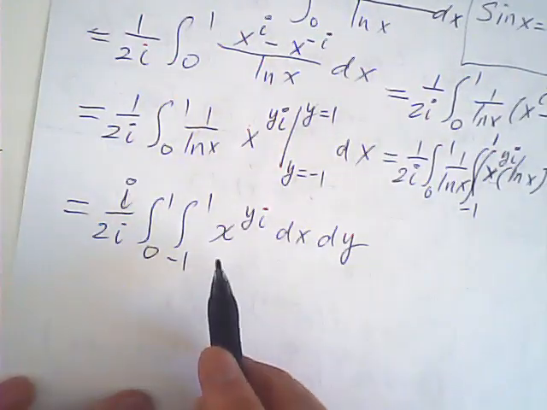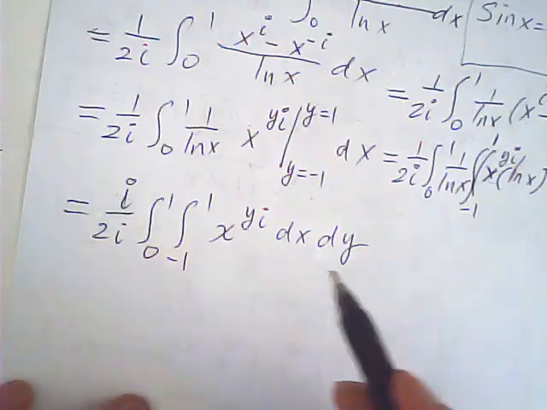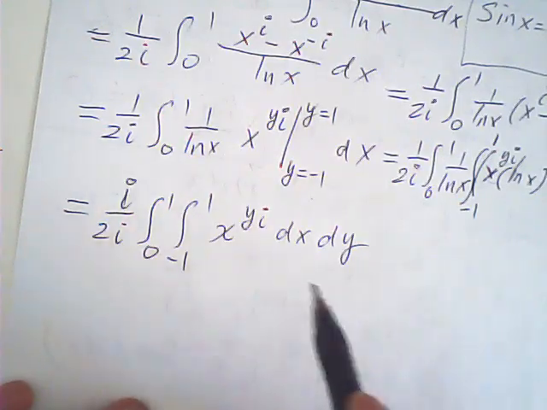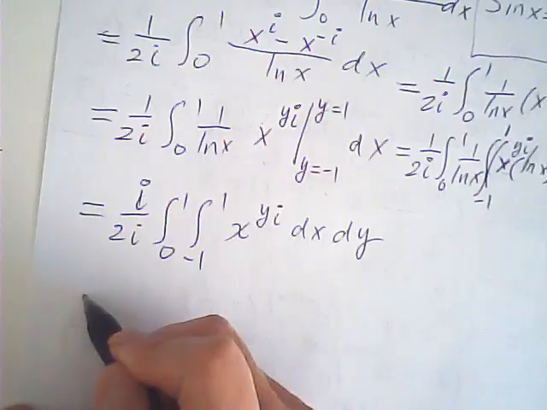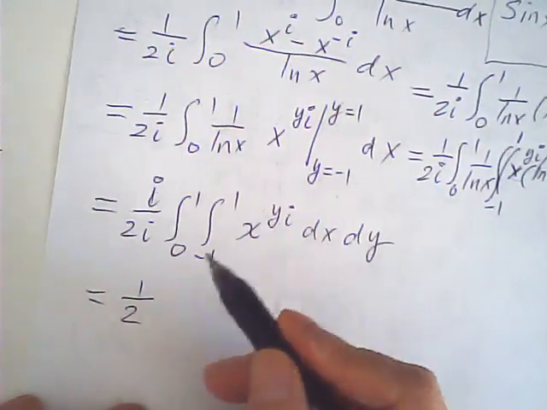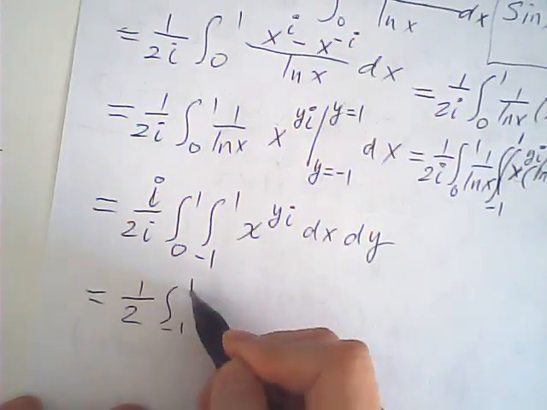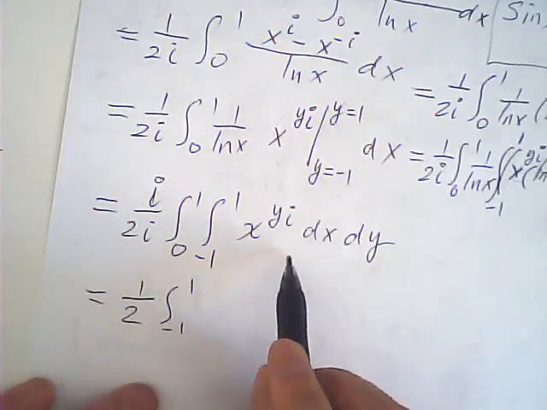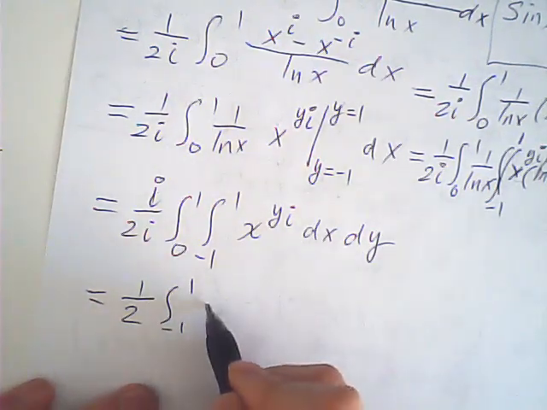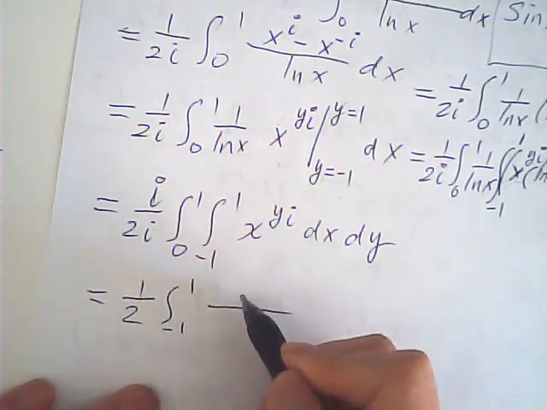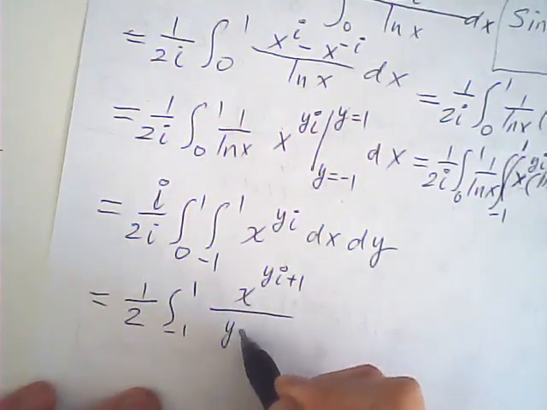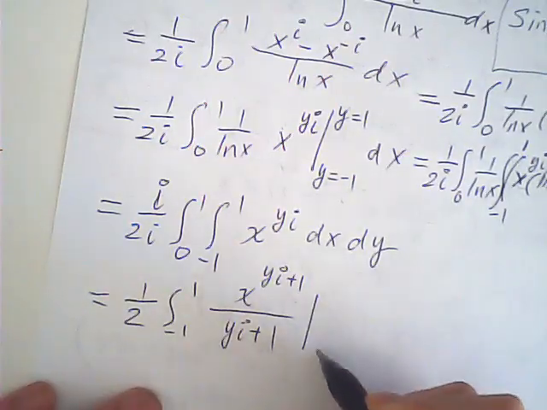So which one should I do first? Let me do the x first. So this one is equal to 1/2, from negative 1 to 1. Then I do the integral for x first, so that will be x to the y plus 1, over y plus 1, from 0 to 1.